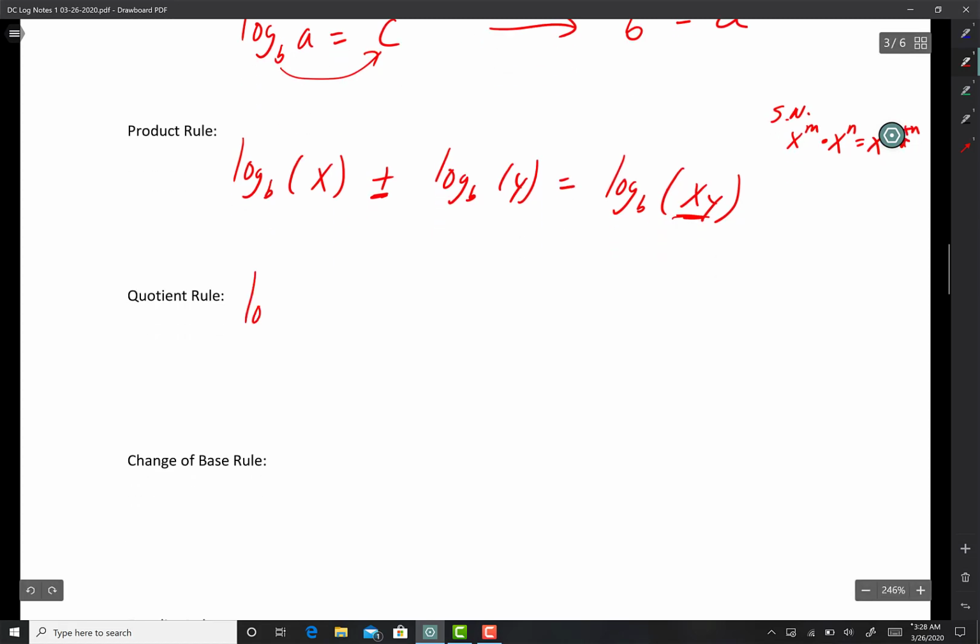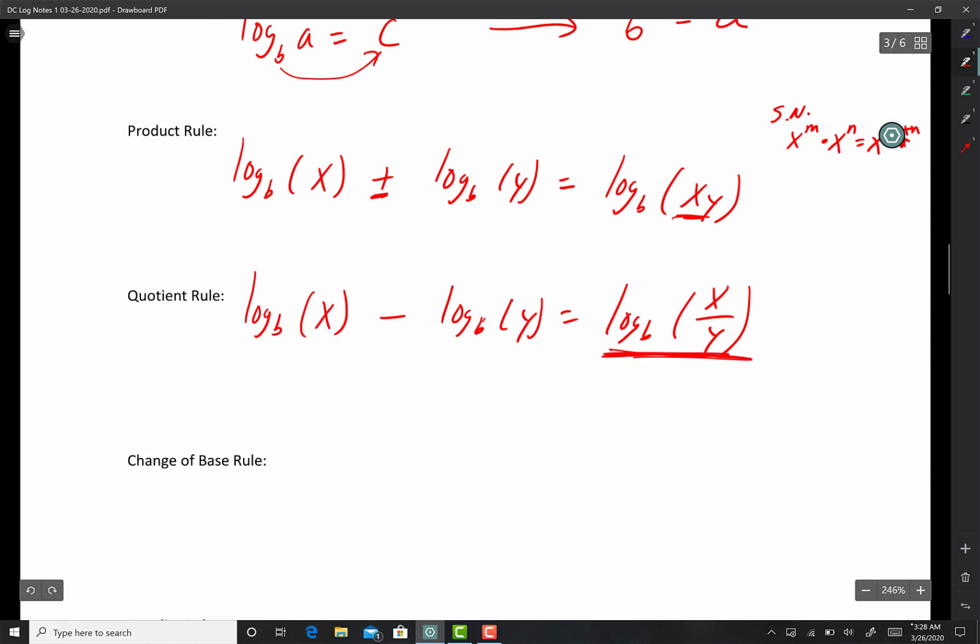All right, quotient rule. Log base b of x minus log base b of y. Or maybe I should have started off with the quotient and then go to this, right? Is the same thing as log base b of x over y. So yeah, there it is. I have a quotient, x over y, and you can expand it to log base b of x minus log base b of y.